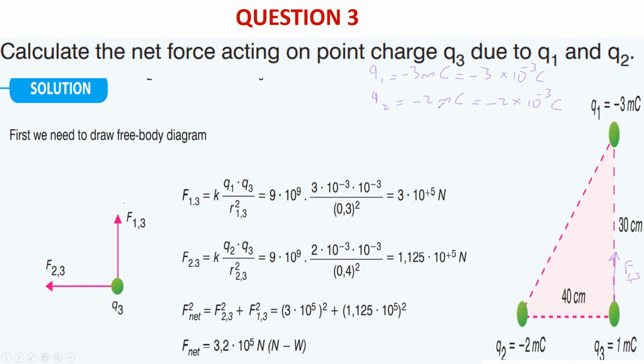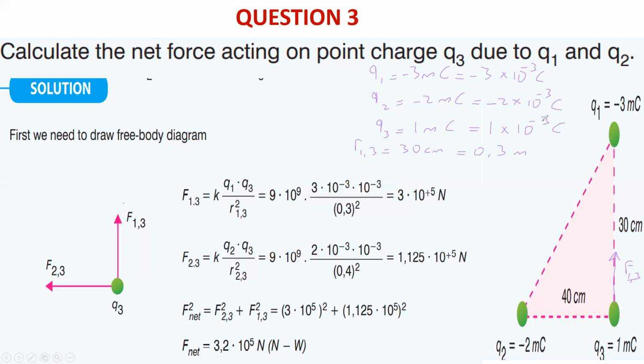We should remember what was the m, what was the n, p, so we should remember all. Q3 equals what we have, 1 mC, which is 1 times 10 to the power of negative 3 C. And distance, 30 centimeters. Let's write R13 equals 30 centimeters, which is equal to 0.3 meters.